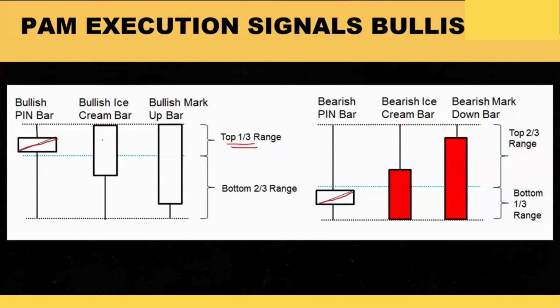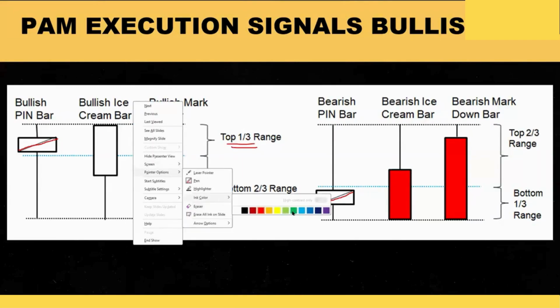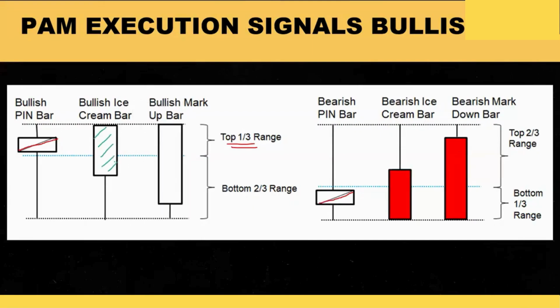For a bullish ice cream bar, we want to see that the bar body is about half of the bar range, and it must also close above 1/3 of the bar range. This blue line here is the upper 1/3 range. As long as the bar closes above the 1/3 bar range, it fulfills the bullish ice cream bar.